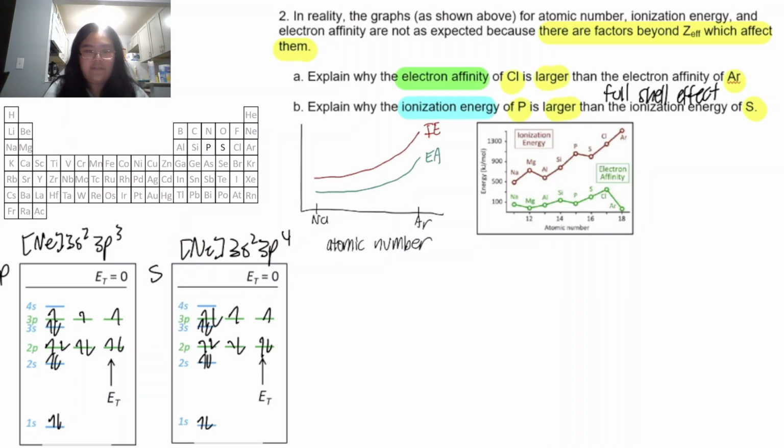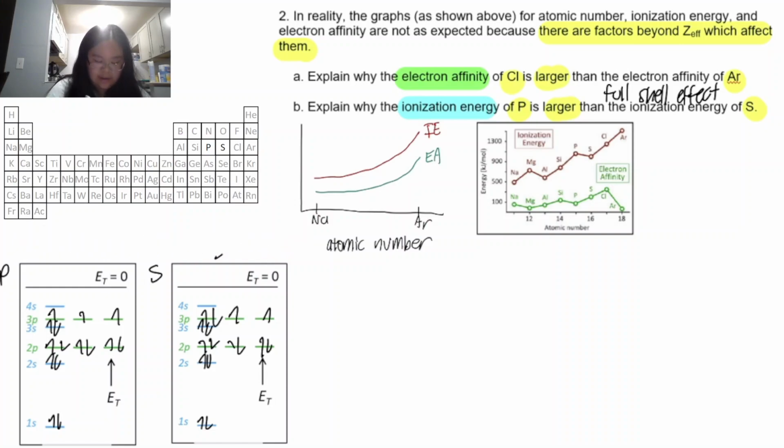So part B is asking for the ionization energy, and if you remember, the ionization energy is the amount of energy it takes to remove the outermost electron. So the outermost electron in phosphorus would be this electron, and the outermost electron in sulfur would be this electron. So now let's look at the subshells where the outermost electron resides.